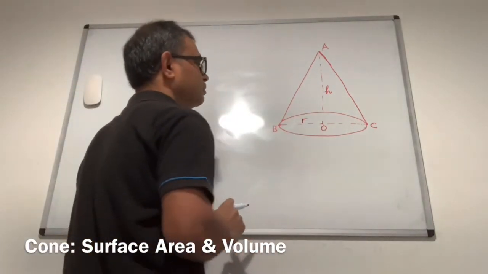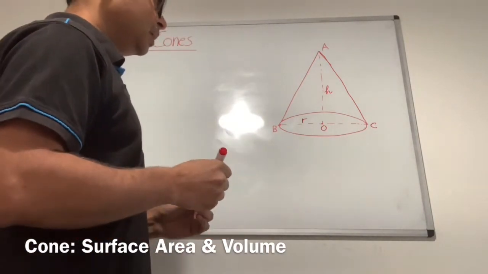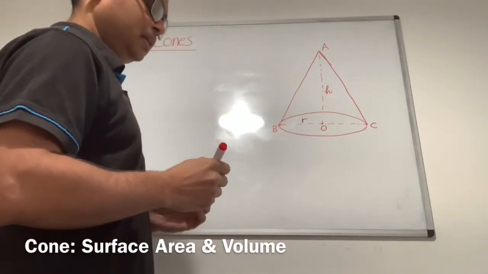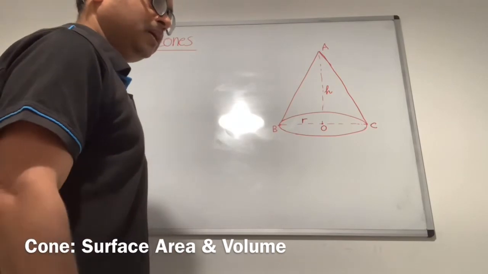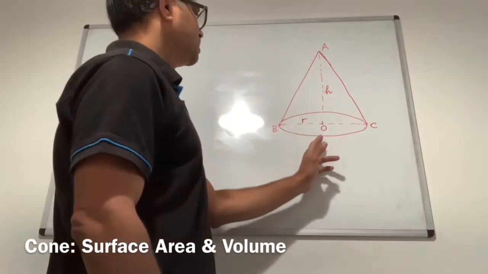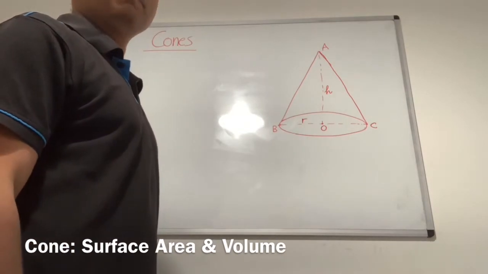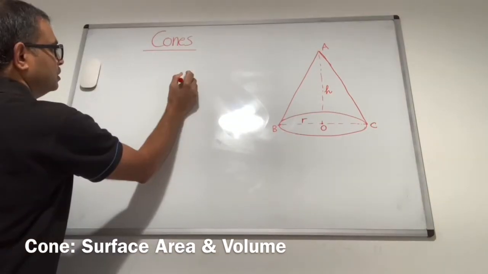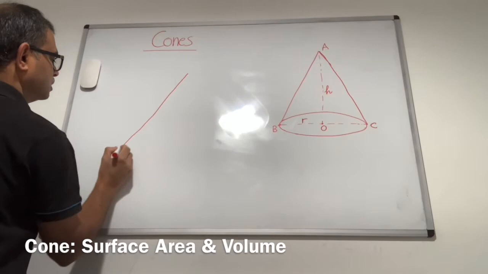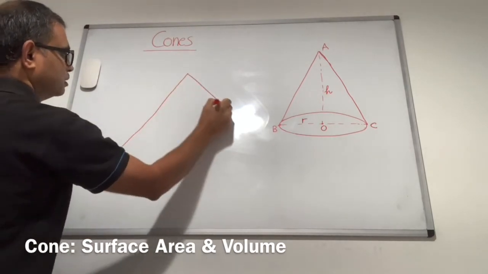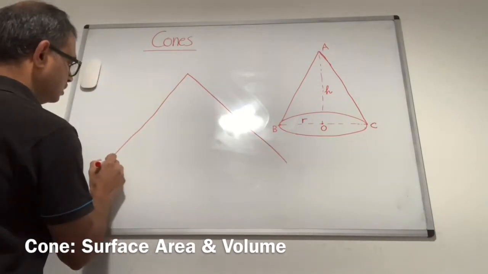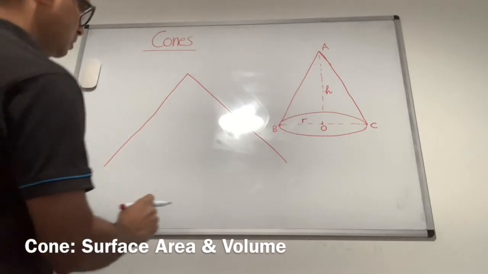Okay. If you cut open that cone, how does it look? Any idea how the cone would look if you cut it open? If you put a scissor, like half a cone. No, it would look like a sector.